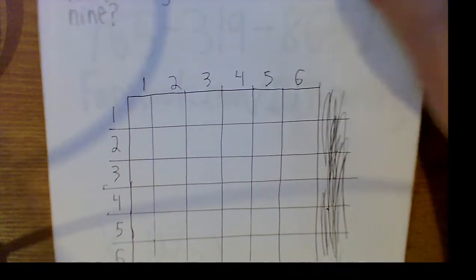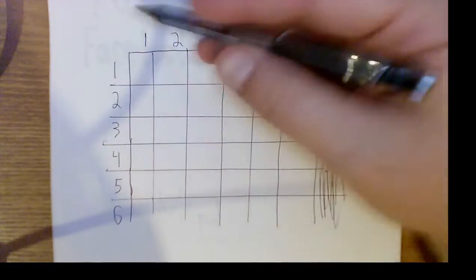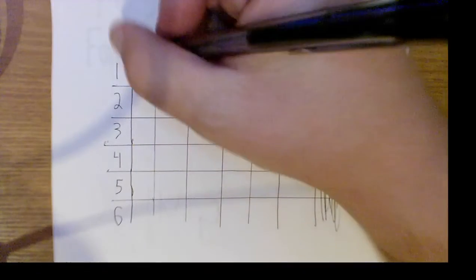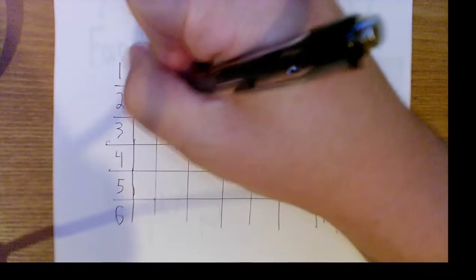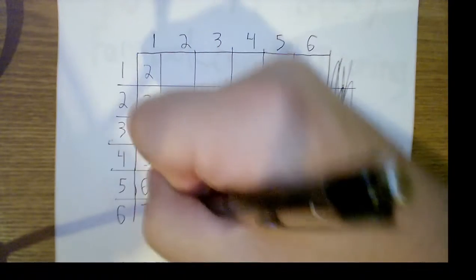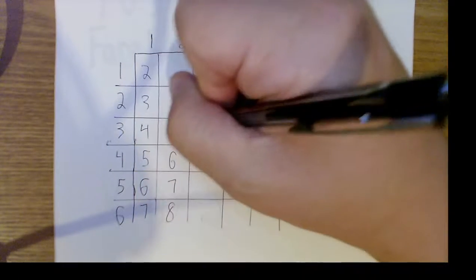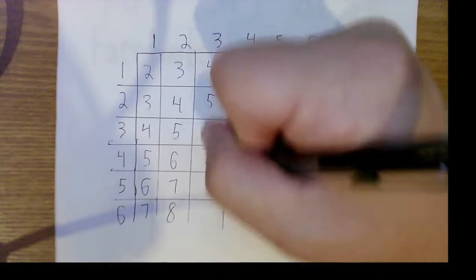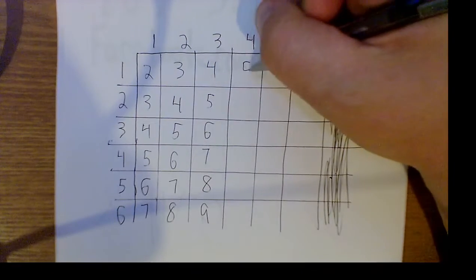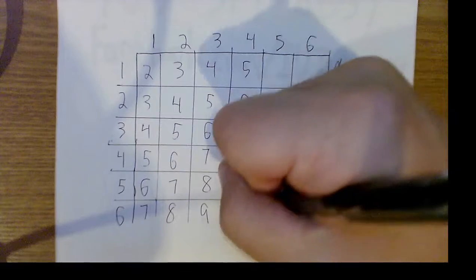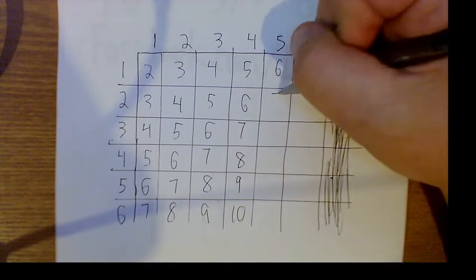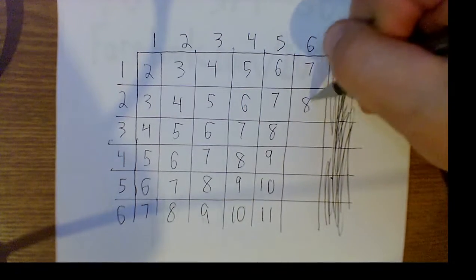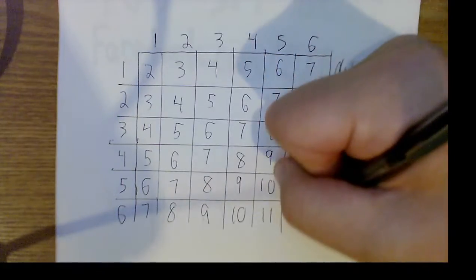It's called a dice chart. And what we do is we have our 2 dice set up here, and you can add the results of the sums together. So here, 1 plus 1 is 2, 3, 4, 5, 6, 7, and so on.